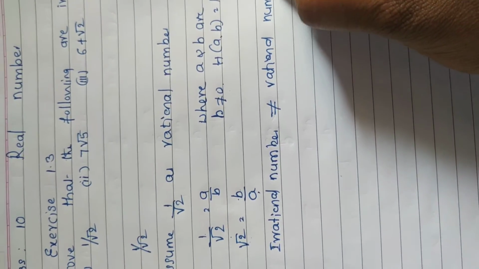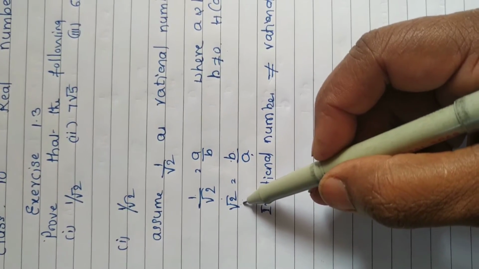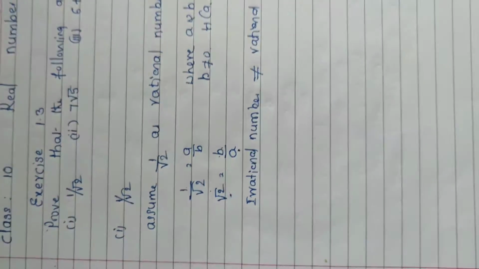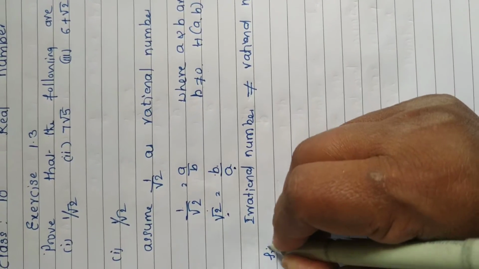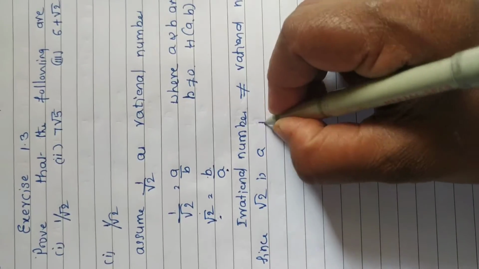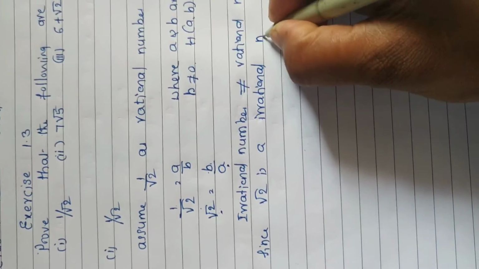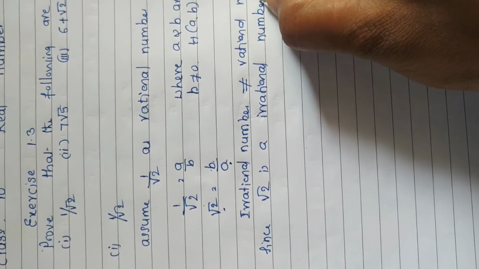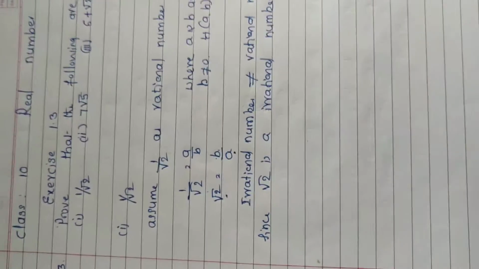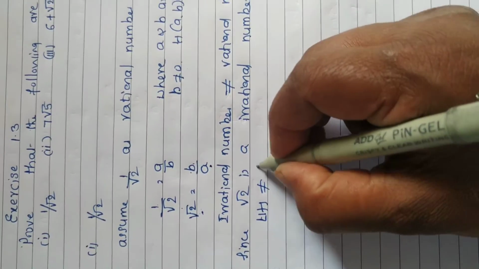I repeat once again, since root 2 is an irrational number, as already proved, and b by a is a rational number, therefore LHS is not equal to RHS.